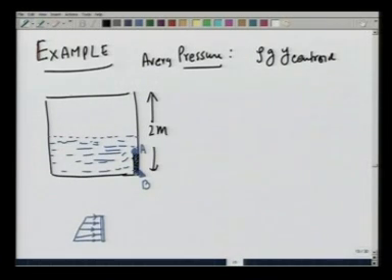Since the door is 0.5 meters tall, the centroid is 0.25 meters below A, and therefore 0.75 meters below the surface of the water.